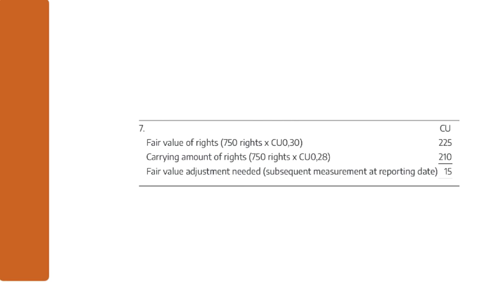Where do you take the fair value adjustment? Well, we are in the category at fair value through profit or loss, which means that the fair value adjustment goes as an expense or income through profit and loss. In this case, our balance was lower. Our value per right increased. So it's an upwards movement. It is an income fair value adjustment.